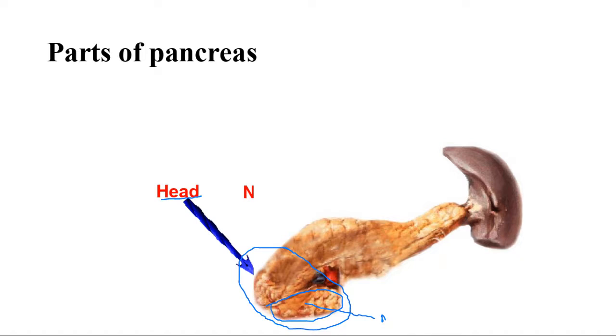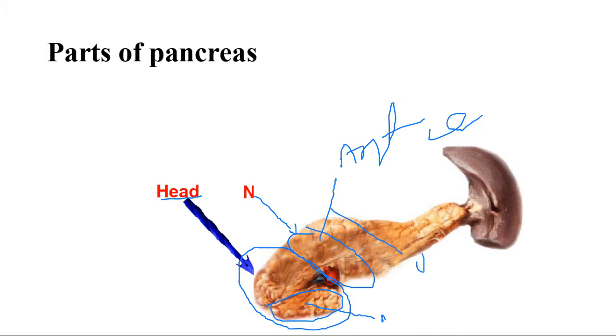part. And then next, if the pointer is here, what is this? This is the neck of the pancreas. In the neck of the pancreas, we may ask the anterior relations. What are the anterior relations, or what are the posterior relations?